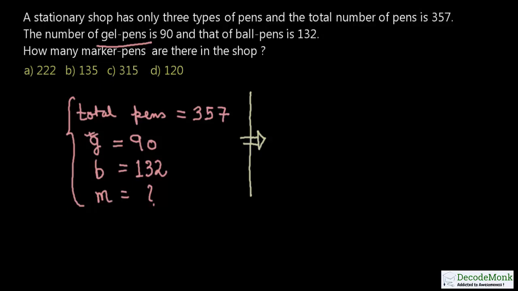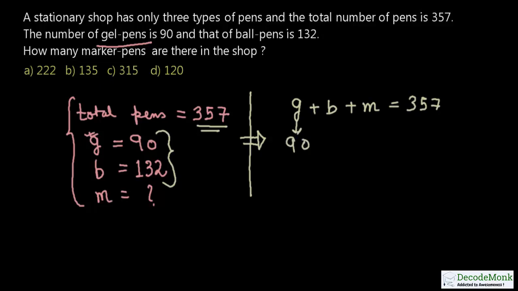So number of marker pens will be equal to 357 minus the total of gel pens and ball pens, because the number of gel pens, ball pens and marker pens is equal to 357. We are given gel pens equal to 90 and ball pens equal to 132. We need to find out the value of number of marker pens.